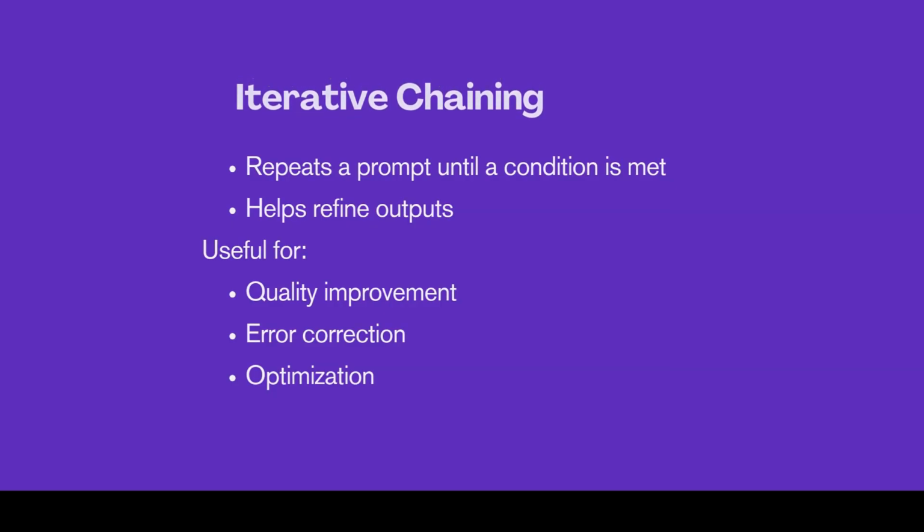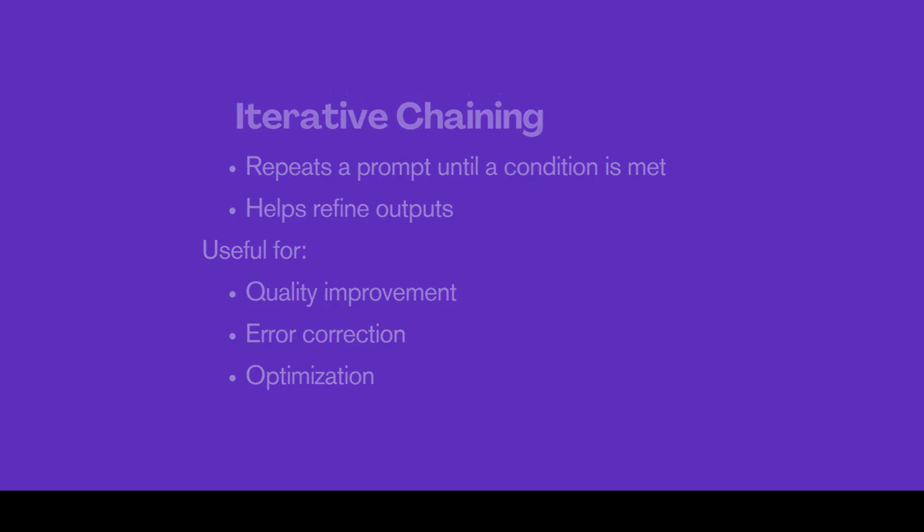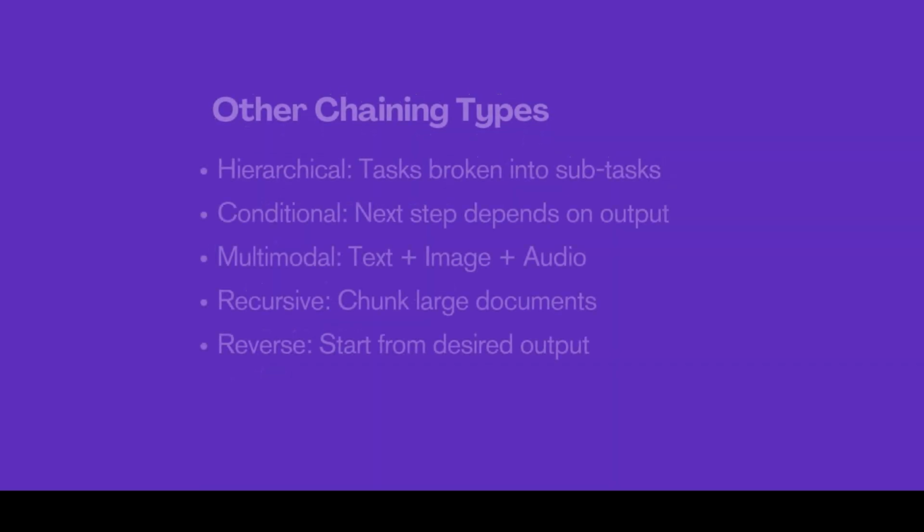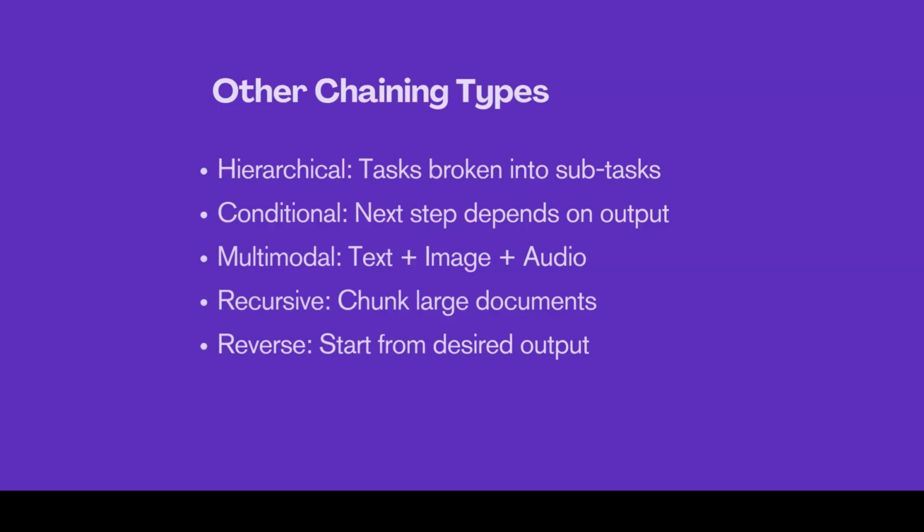Hierarchical chaining. A large task is broken into smaller subtasks. Lower level outputs feed into higher level tasks. Conditional chaining. The next step is chosen dynamically based on previous outputs. This allows decision making inside workflows. Multimodal chaining. This integrates multiple data types like text, images, or audio.